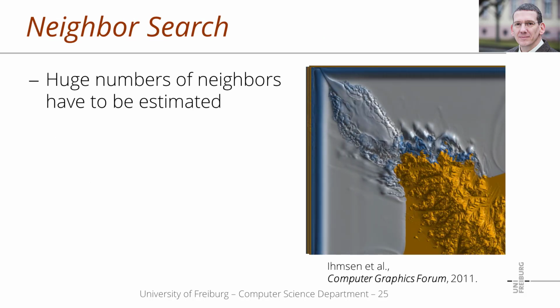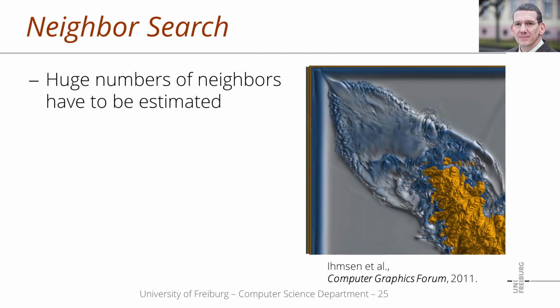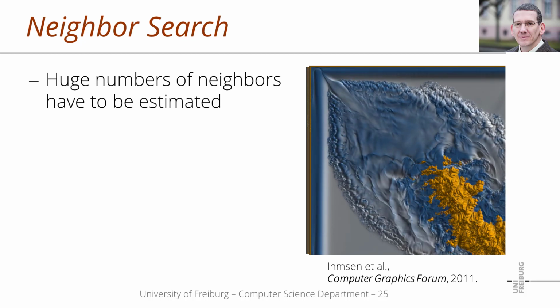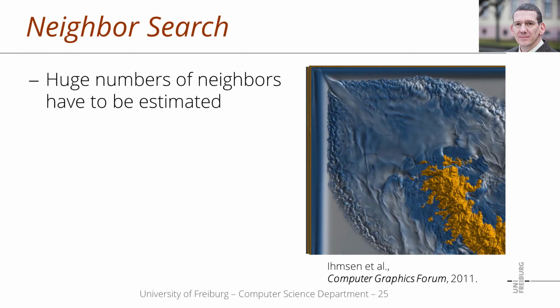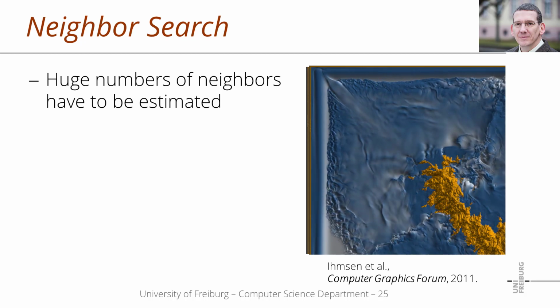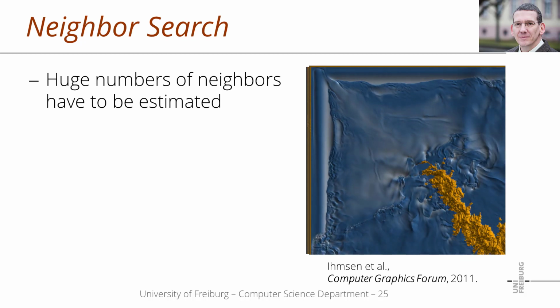As mentioned in the discussion of the previous slide, the neighbor search is typically a comparatively expensive task in a particle simulation. So it's an interesting research topic. Here in this scenario on the right-hand side, you can see a fluid simulation with up to 500 million fluid particles. So you can imagine that the neighbor search in such a setting is expensive.